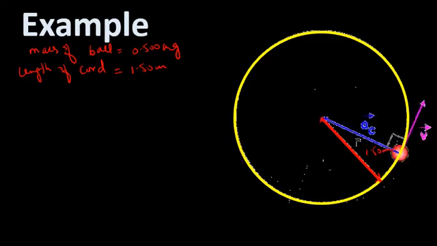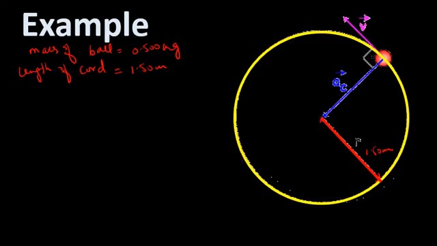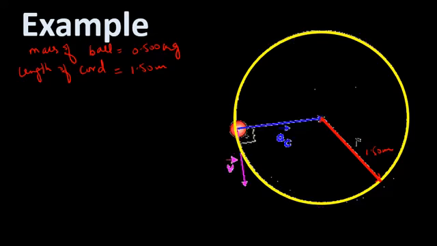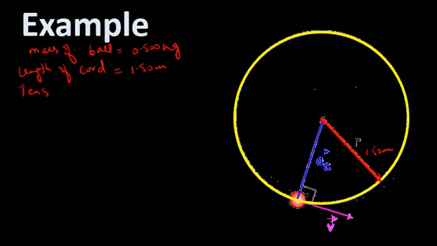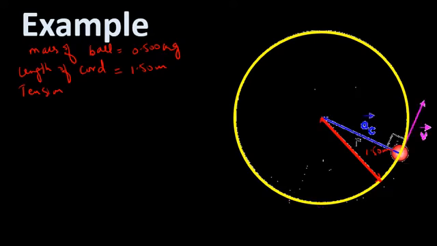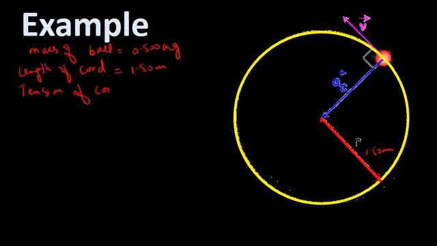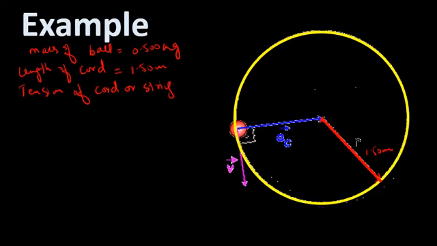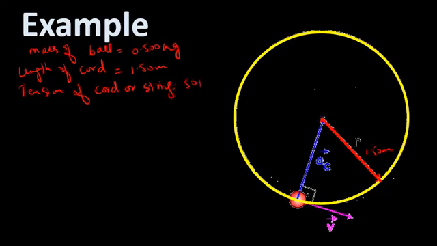And if the cord withstands a maximum tension, so the tension of the cord or string is equal to 50 Newton.